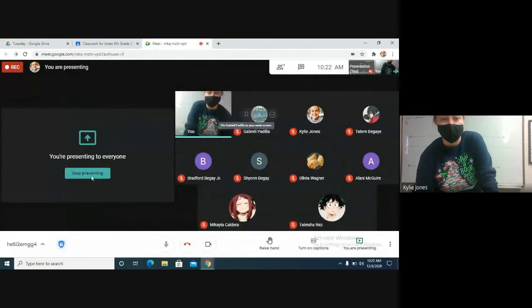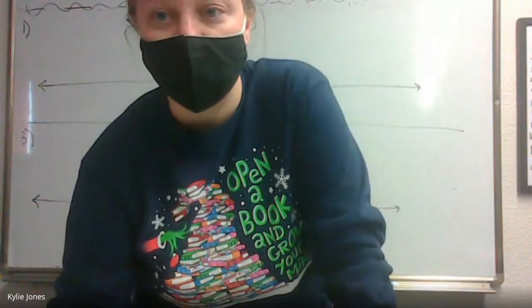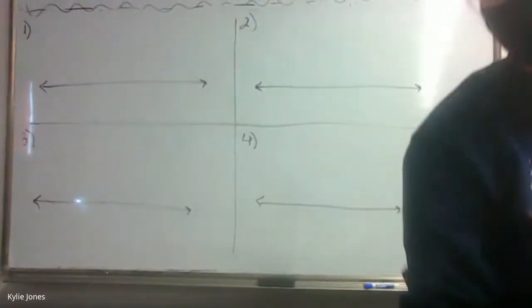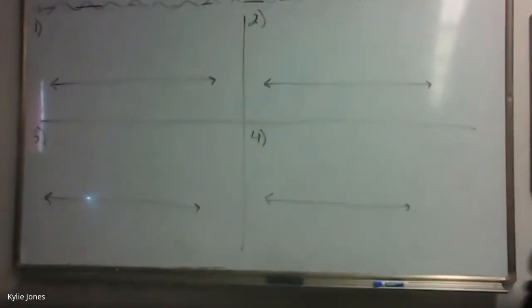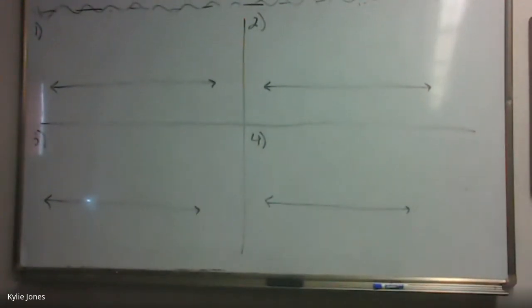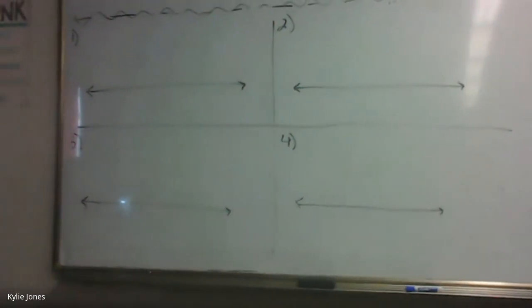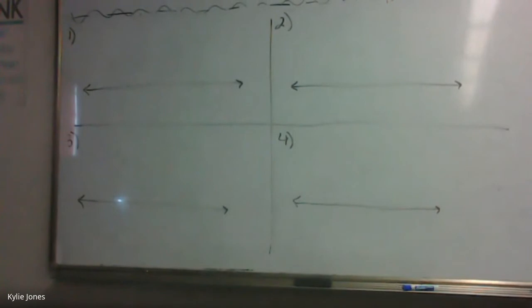All right, so I'm going to stop presenting so that we can see what is behind me. Looks good. Okay, that looks good, right? We can see that? Perfect. 1, 2, 3, and 4.